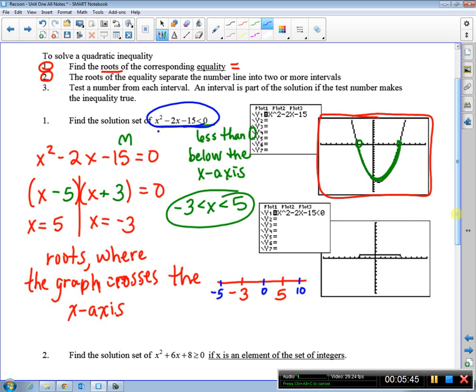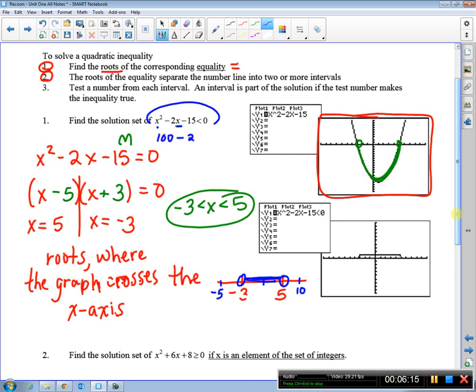0 squared is 0. Minus 2 times 0 is 0. Minus 15. -15 is less than 0. That's true. So I should be shading here. And we are open on -3 and open on 5. So 0 worked. Let's try 10. 10 squared is 100.